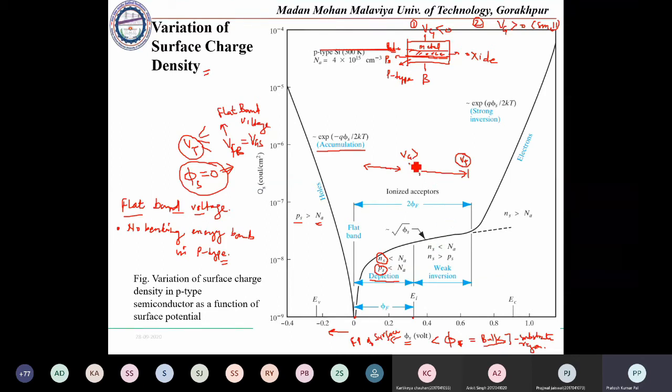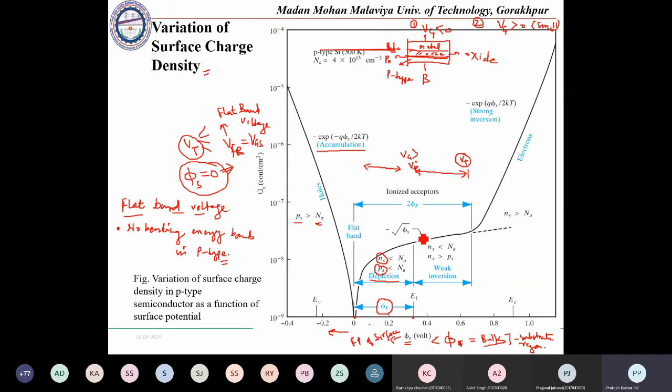If the gate voltage is such that it has increased the surface potential by only phi f from zero potential, then it results in the depletion region.